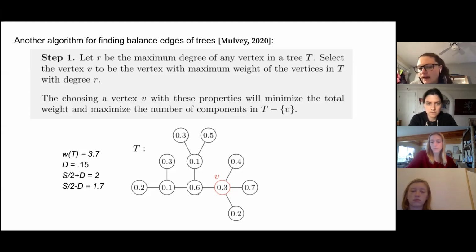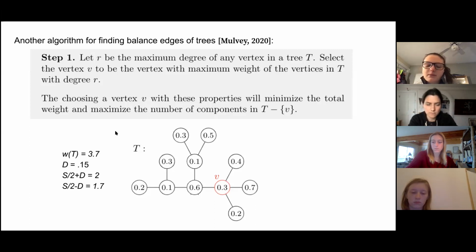When we remove that vertex V, you're splitting the tree into the maximum number of components, but you're also minimizing the total weight of the components, so the average weight of any of the components is going to be minimized. So this is a good candidate for a vertex that would give all components with total weight less than the minimum you're willing to accept.